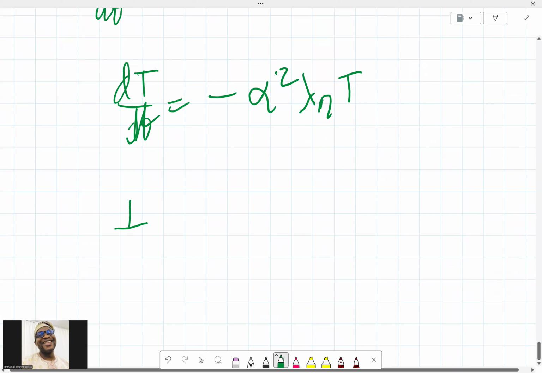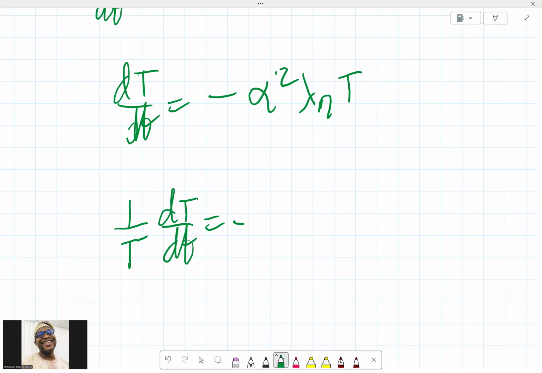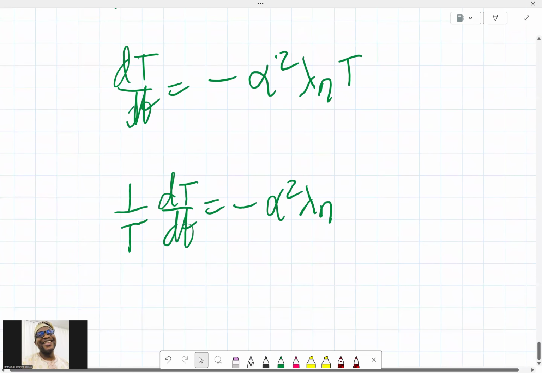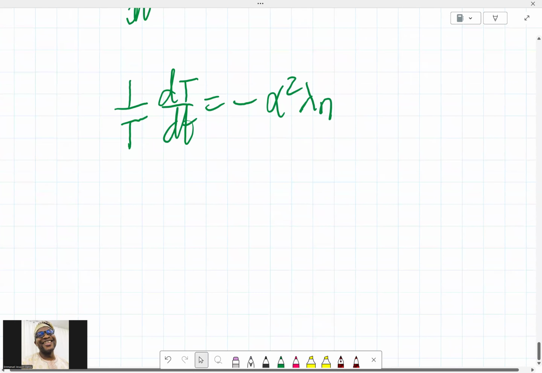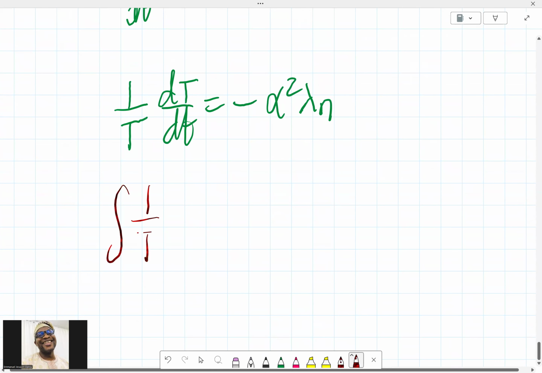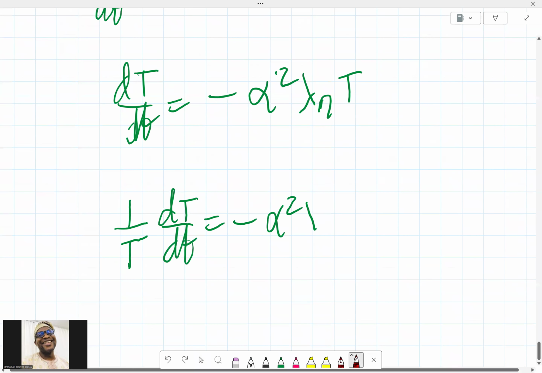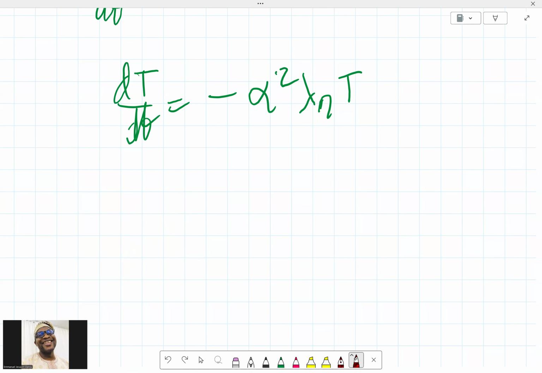So we divide through by T. We are separating variables, and when we separate variables, we carry the dt to the other side.